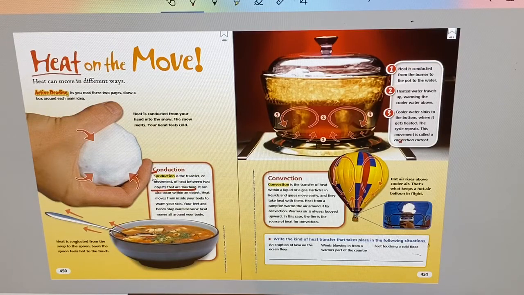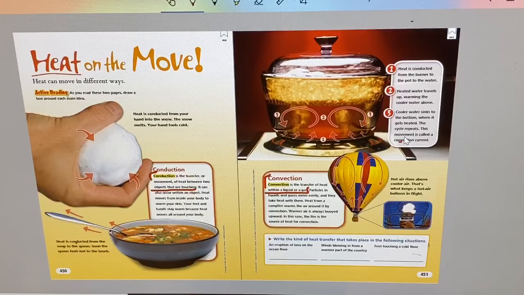Yes, excellent. This is conduction. What about convection? Convection is the transfer of heat within a liquid or gas. Alright? Within a liquid or gas. You have only these 2 words today, my girls. Alright? I want you to learn the difference between conduction and convection.